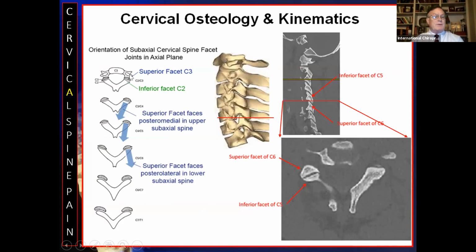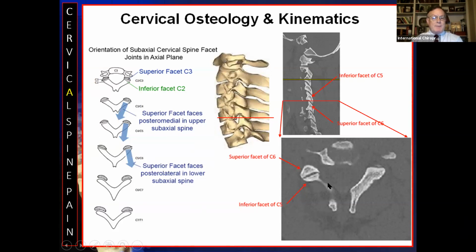This is the superior facet of C3, and here's the inferior facet of C2. So when we're imaging these studies, here's a CT, cross-section CT to the cervical spine. The more superior vertebral body is going to be the one along the posterior part of this image. So here's the lowermost facet of C5, and here's the uppermost facet of C6.